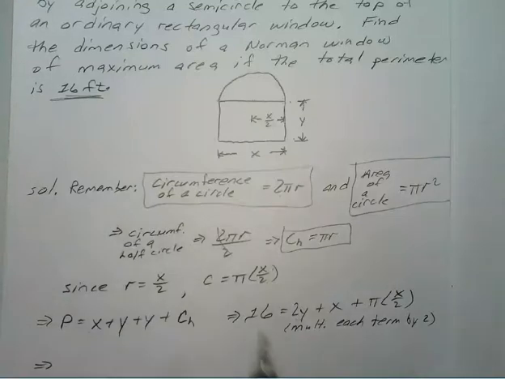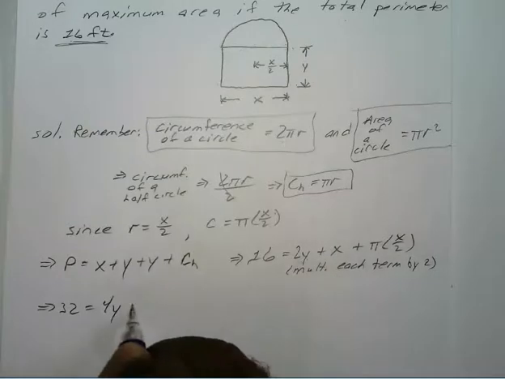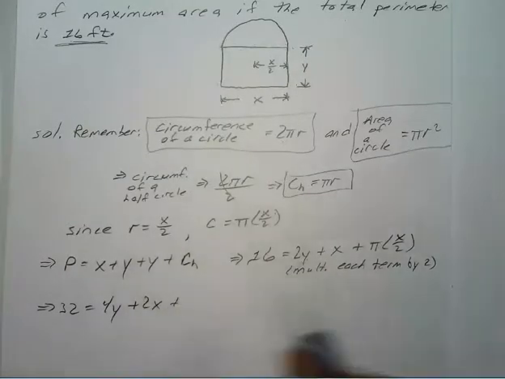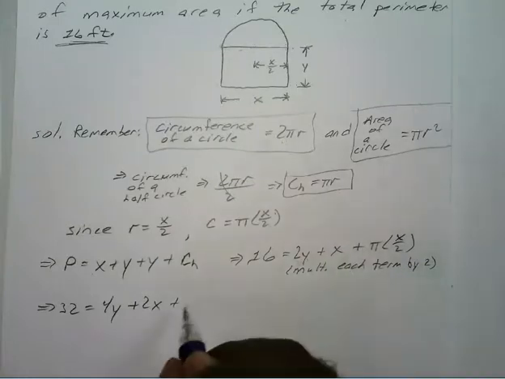Okay, so if we multiply every term by 2, 16 times 2 is 32. 2y times 2, 4y. x times 2 is 2x. Plus 2 pi times x over 2. The 2's will cancel out, and that just gives you pi x.